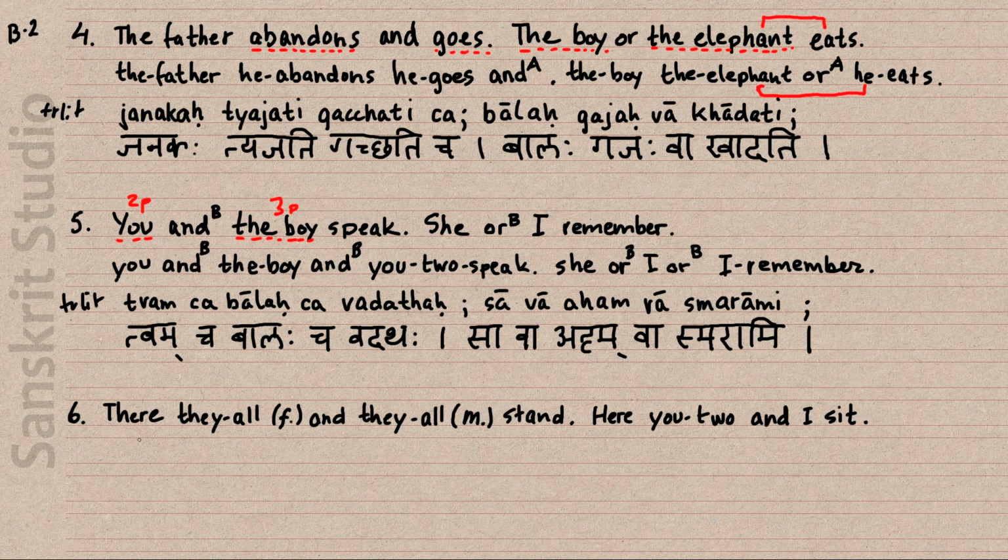And number 6 is: they all F and they all M stand here, you two and I sit. So we do our "and" line here.